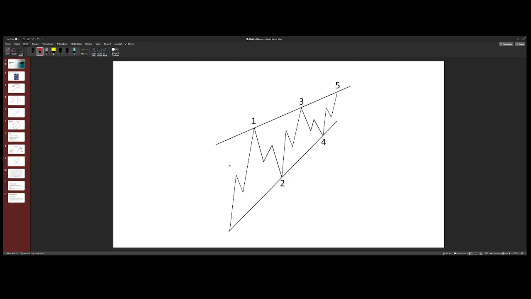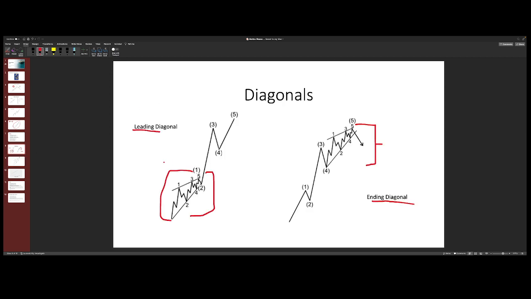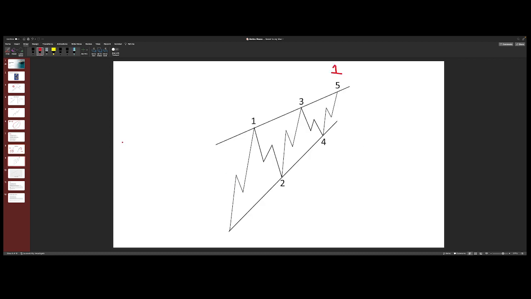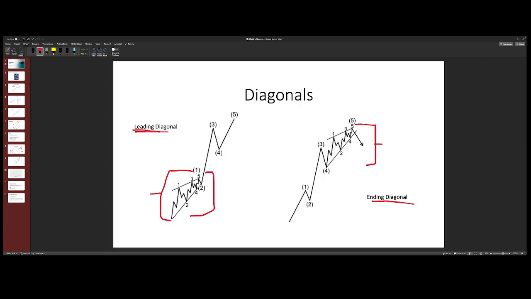In a leading diagonal, so if this was wave 1, remember I said leading diagonals occur only in this section of the impulse. So if this was a wave 1, wave 5 ends beyond the end of wave 3. An ending diagonal, which is this guy right here, occurs only on wave 5.